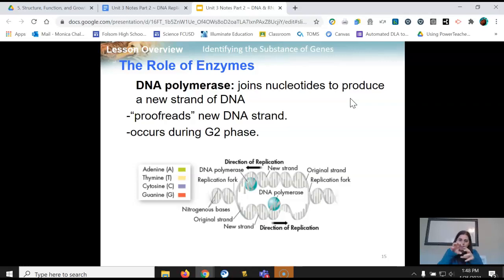So it sits right there where there's an unpaired one, and it allows the other one to attach. It also proofreads to make sure that that's happening correctly. So this part is going on in the G2 phase, the proofreading part, right? It's making sure that there's no errors, okay? Because the G2 checkpoint is to proofread.